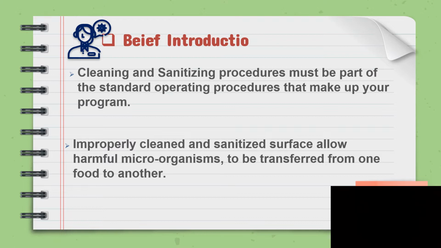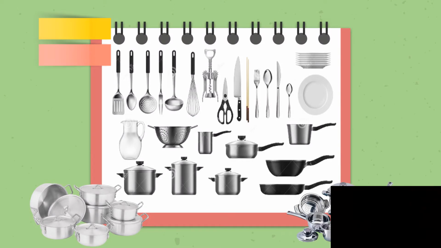Kapag ganun daw, madami daw ang harmful microorganism or even the virus or bacteria can transfer sa mga pagkain na lulutuin natin or hinahanda natin. Okay? Ayan. So, in the picture, what can you say about the picture?